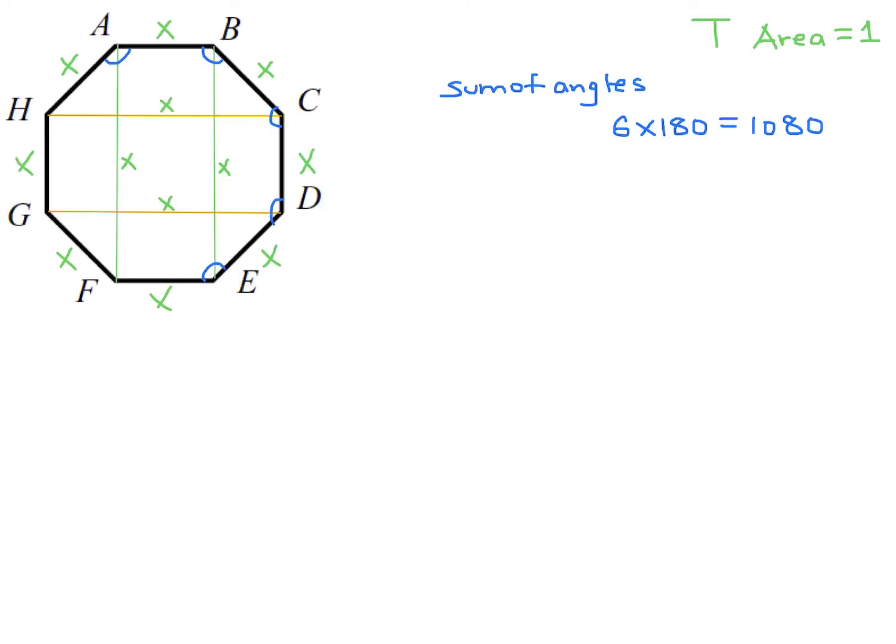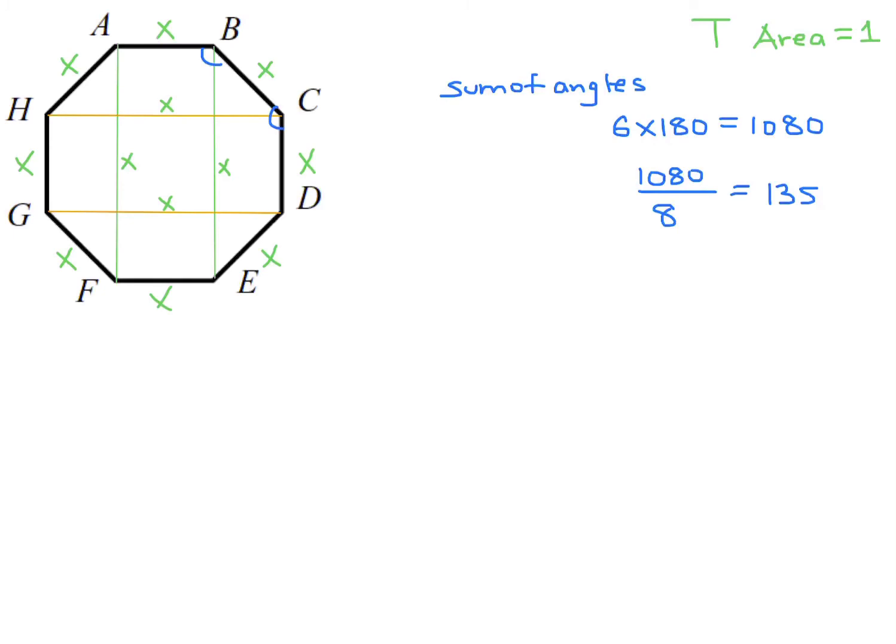So each individual angle will be what? 1080 divided by how many individual angles did I draw there? 1, 2, 3, 4, 5, 6, 7, 8. And there you go. 1080 divided by 8, and if you do that, you get 135. So that means that each of these guys is 135.